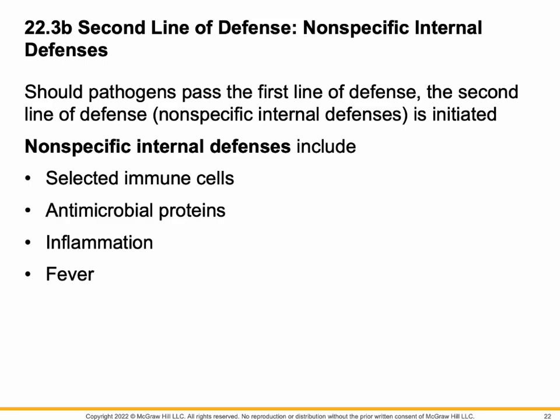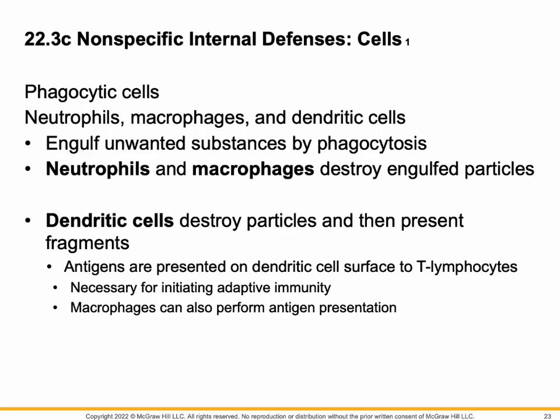So in this case, now we're looking at these various specific cell types: selected immune cells, some different proteins, and then things like inflammation and fever, which we're all likely familiar with, right? So our cells that we'll discuss are basically our immune system cells other than lymphocytes, right? So things like neutrophils, macrophages, dendritic cells, these are all phagocytic in nature, right? Meaning they cellularly engulf cells or pathogens and then present them to other cell types, right?